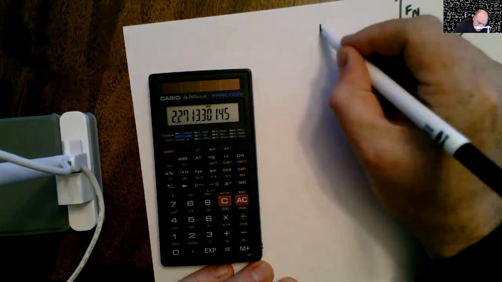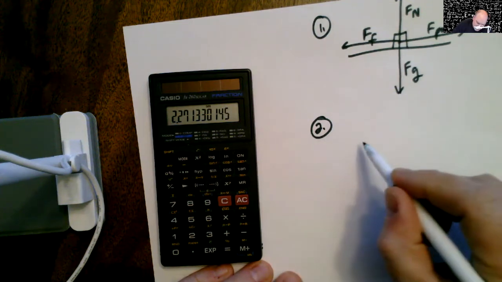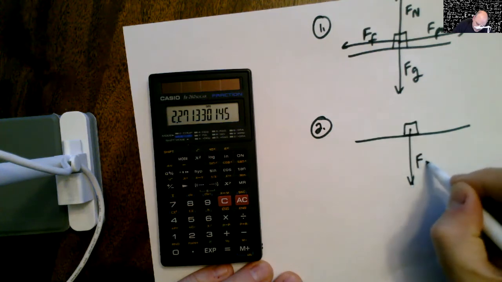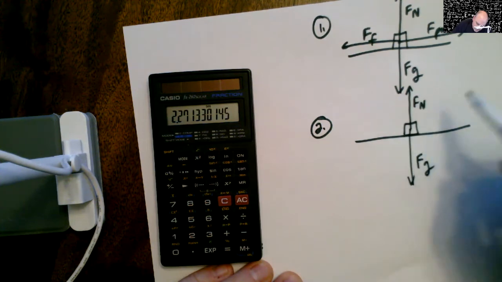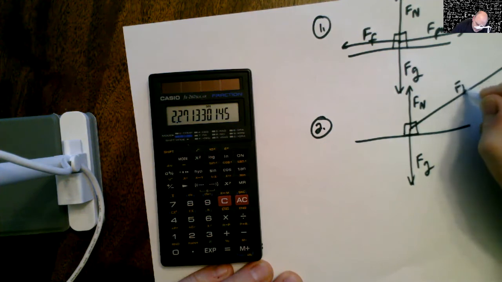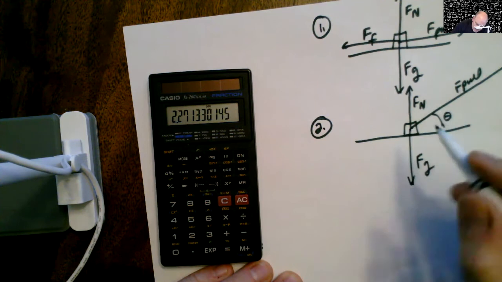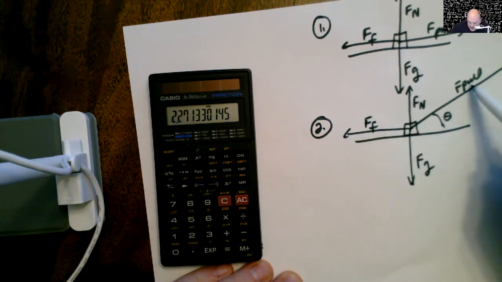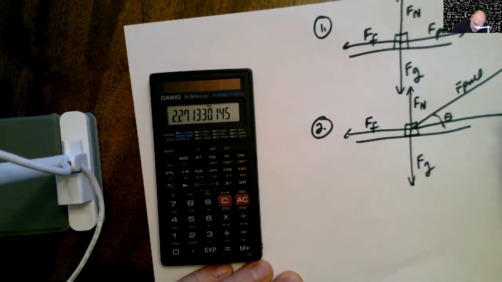Part 2, we were pulling at an angle, also with a constant velocity. So we have the same kind of situation. Fg, we have Fn equal and opposite Fg. But in this case, we're going to be pulling up at an angle, F pull, at some angle. We have friction going back this way. Now what we're going to do with this one is we resolve this F pull into a force going over and a force going up.